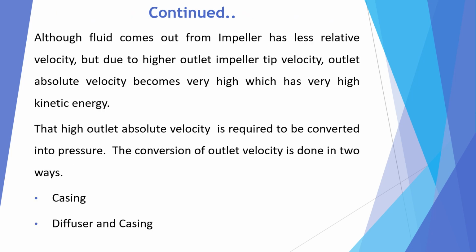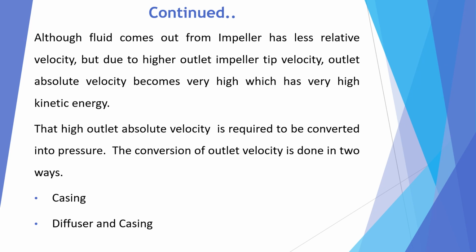So one thing is very important: there is a slip at the outlet of the impeller, and because of this, head rise is lowered. And the second important part is that the reduction or diffusion of relative velocity is approximately 50%, typically, as per design.